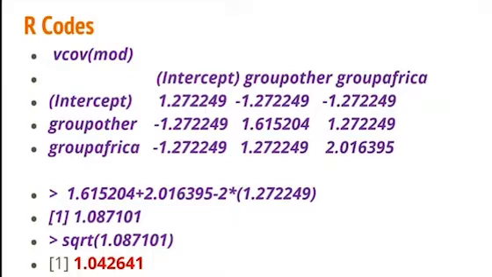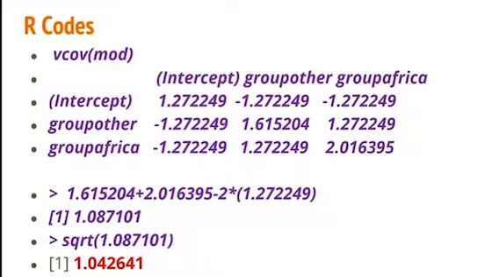Then 2.01 is where group Africa meets group Africa. That is the variance of group Africa. Then minus 2 times the 1.27 that you see now, which is the covariance between group Africa and group order.